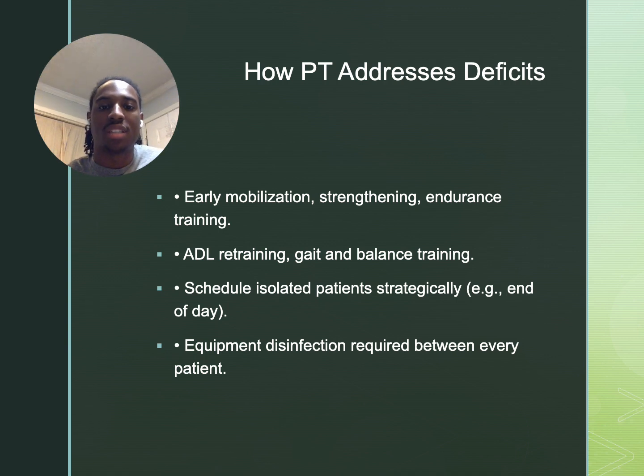Because VRE patients are isolated, PTAs must be strategic with scheduling as well. Many facilities prefer treating isolation patients toward the end of the day, which can reduce the risk of cross-contamination, and frequent equipment disinfection is required between each of these patients.